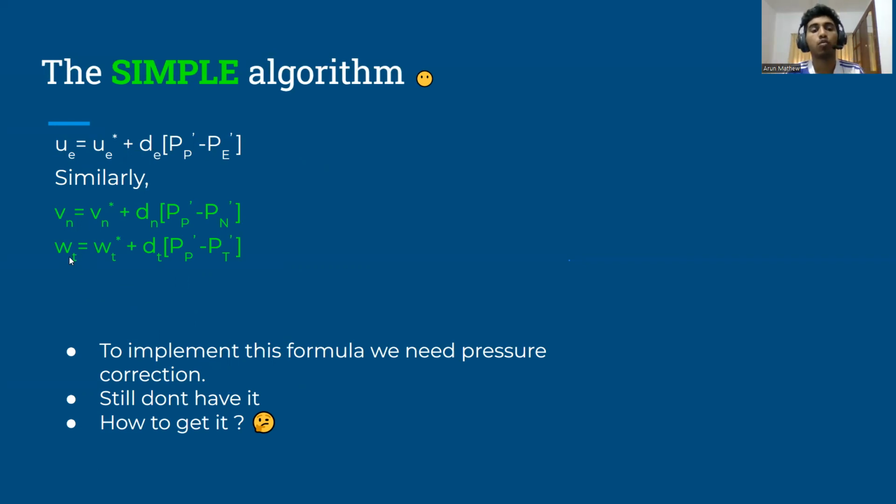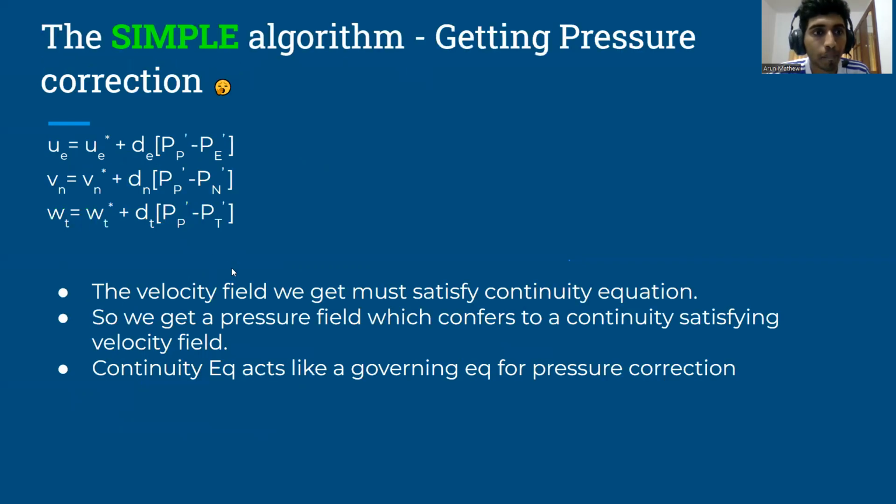Now, to implement this formula, we have another problem, which is that we don't have the value of pressure correction. We will be trying to get it. To get the pressure correction, when we solve these equations, we need a velocity field which must satisfy the continuity equation.